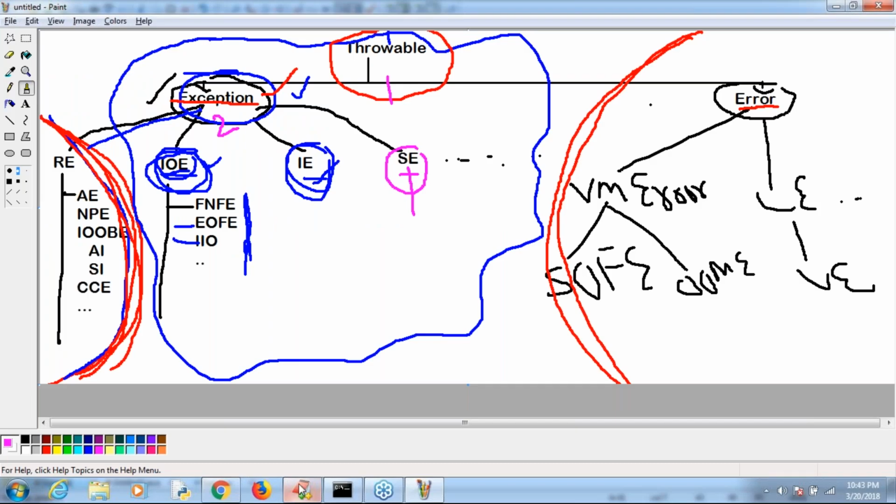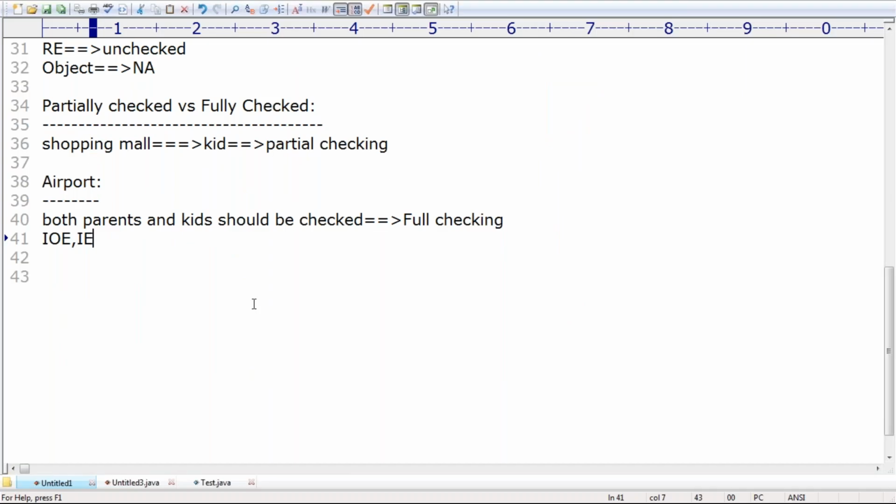Okay, that's all. Next, take a very special case: customized exception handling by using try-catch. Up to this, whatever I covered is nothing but the exception hierarchy. Next, customized exception handling by using try-catch. I want to handle exceptions, right? Very simple.